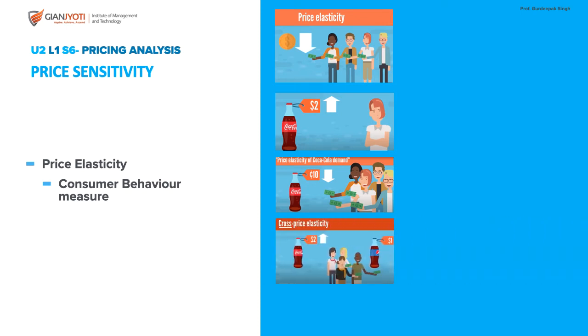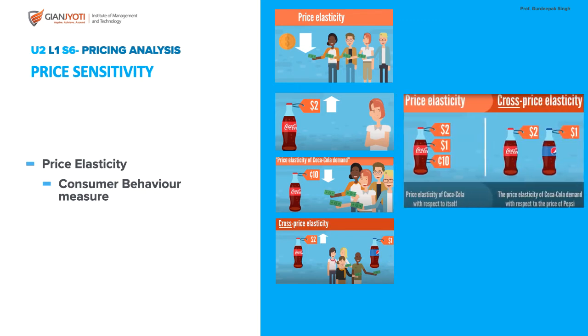Now if I talk about Pepsi, when the price of Coke was $2, Pepsi reduced its price to $1. All the people who are going for Coca-Cola, they now shifted to Pepsi. So price elasticity is very high, sensitivity is very high.